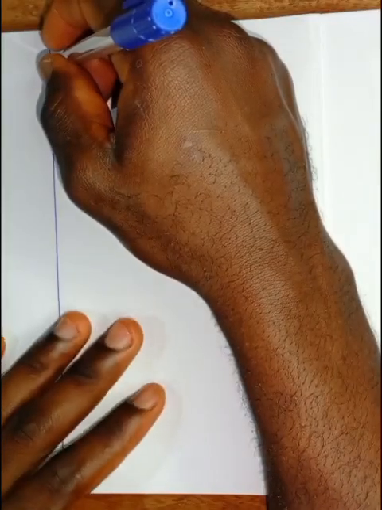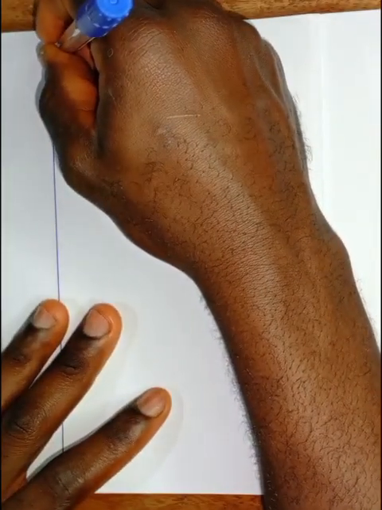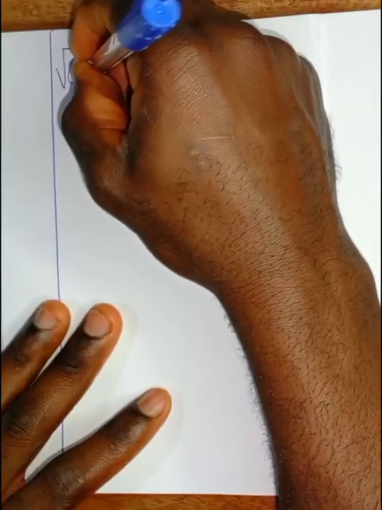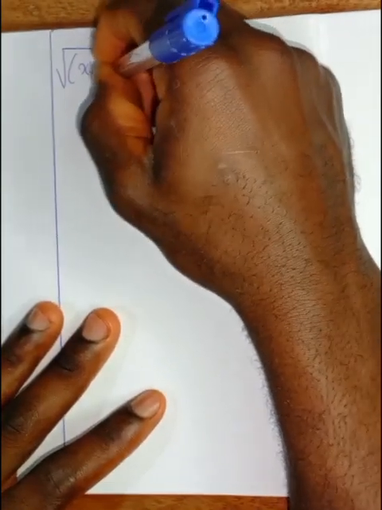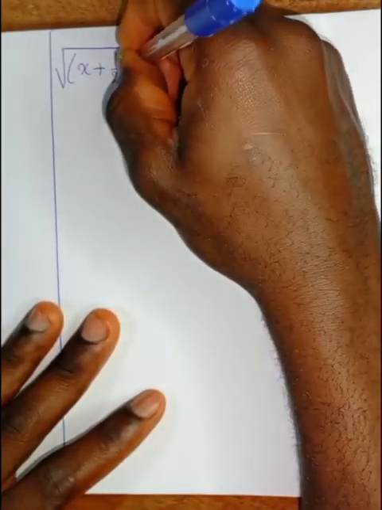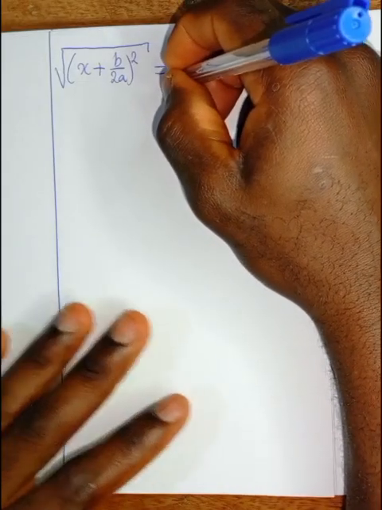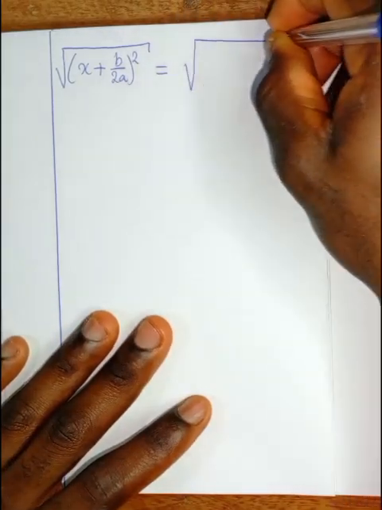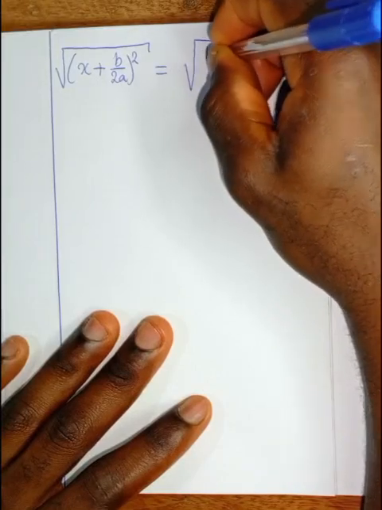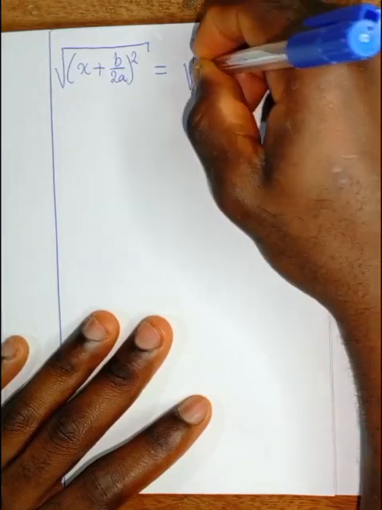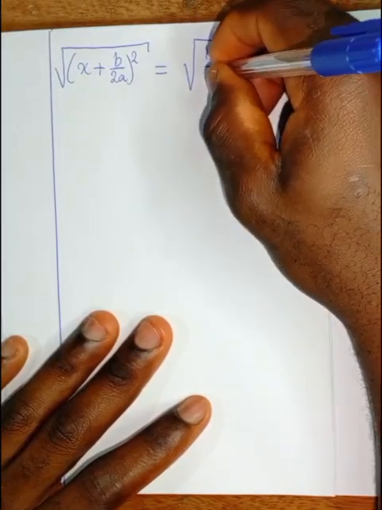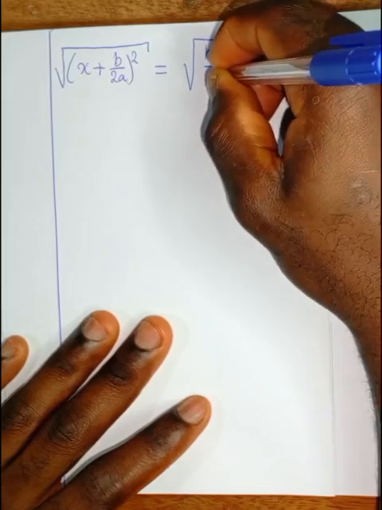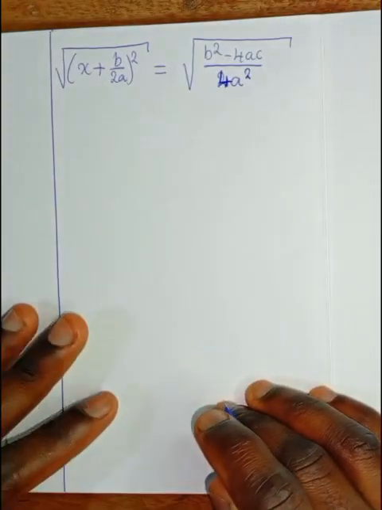By taking the square root on both sides, we are going to obtain the square root of x plus b on 2a, all this squared, is equal to the square root of b squared minus 4ac on 4a squared, like this.